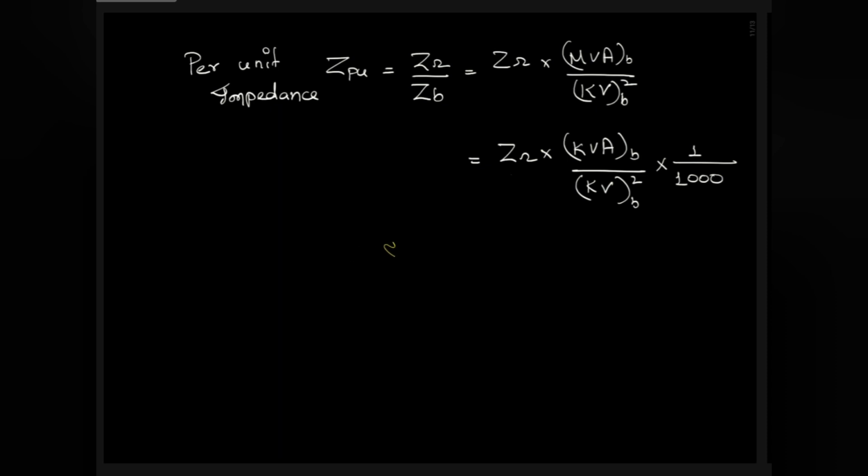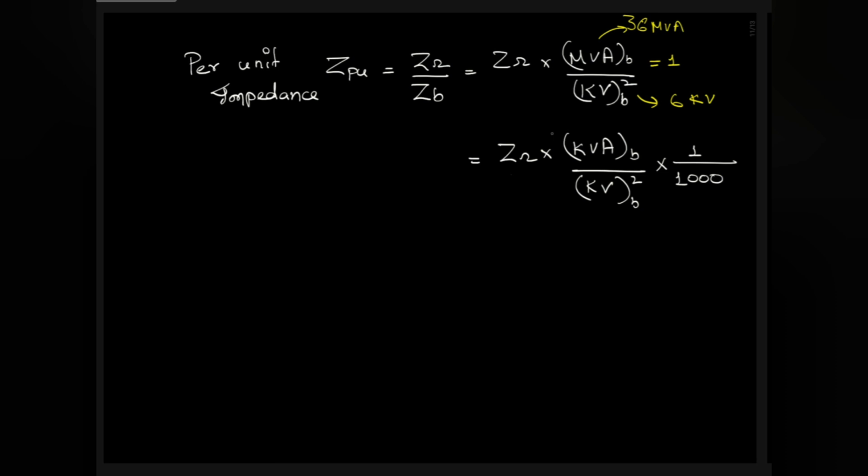Okay, suppose MVA is given as 6 MVA, and kV is given as 6 kV, right? Or it's better to write 36 MVA suppose. So if you find the ratio of these two, it will give you 1, right?